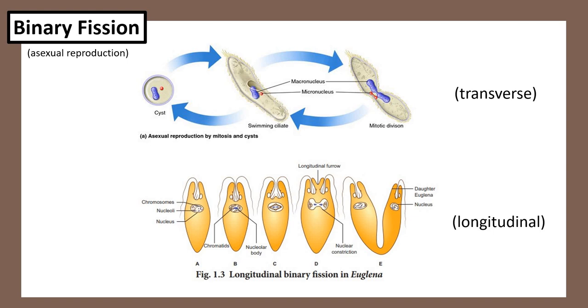For example, if something dried out or it got too hot, instead of just dying, they will form this cyst, which is kind of like a hard little bubble that keeps their genetics alive, so that when the conditions are right again, they pop out and there they are again. So realize that that's a survival technique that a lot of these microorganisms have.